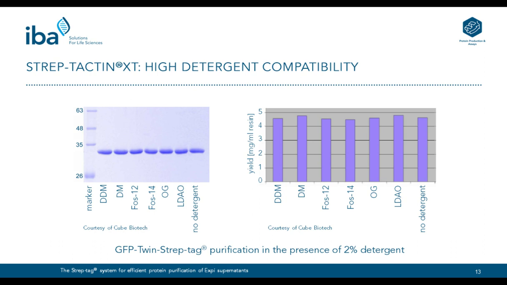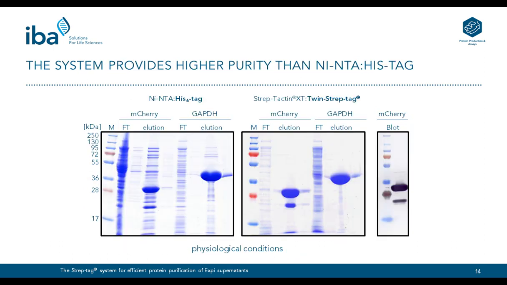And as you can see in the SDS-PAGE here, none of the tested detergents had any negative impact on the protein purity, which was nearly 100%, compared to the non-detergent containing control. Furthermore, none of the tested detergents had any negative impact on protein yield, as you can see on the right side, and I think that demonstrates that the system is quite compatible with many detergents and makes it a very good system for the purification of membrane proteins.